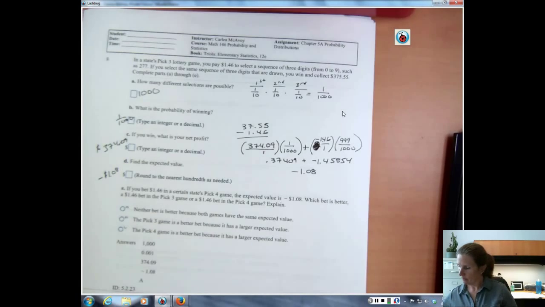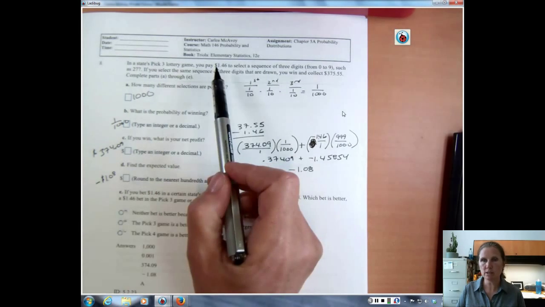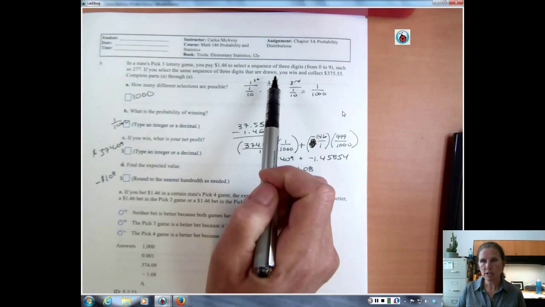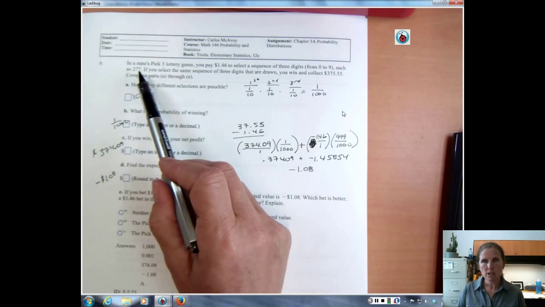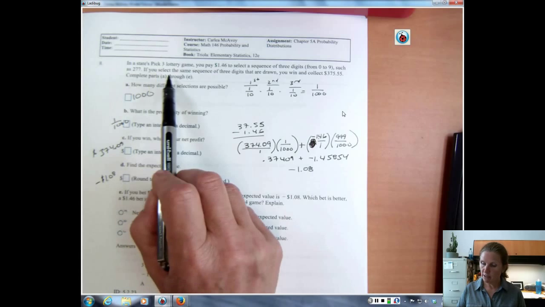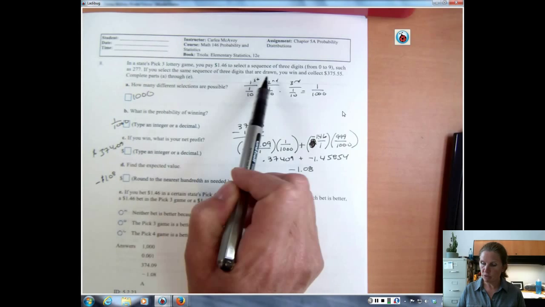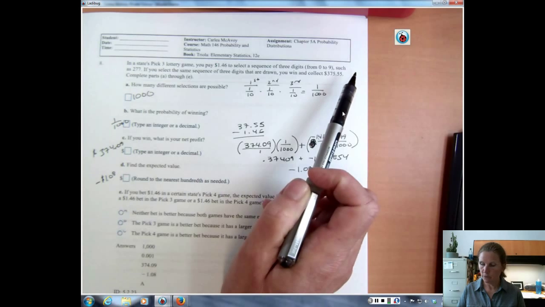All right. This one, in a state's pick 3 lottery game, you pay $1.46 to select a sequence of 3 digits from 0 to 9, such as 277. So that tells us that we can repeat numbers because you got 7 again. That's important. If you select the same sequence of 3 digits that are drawn, you win and collect $375.55.